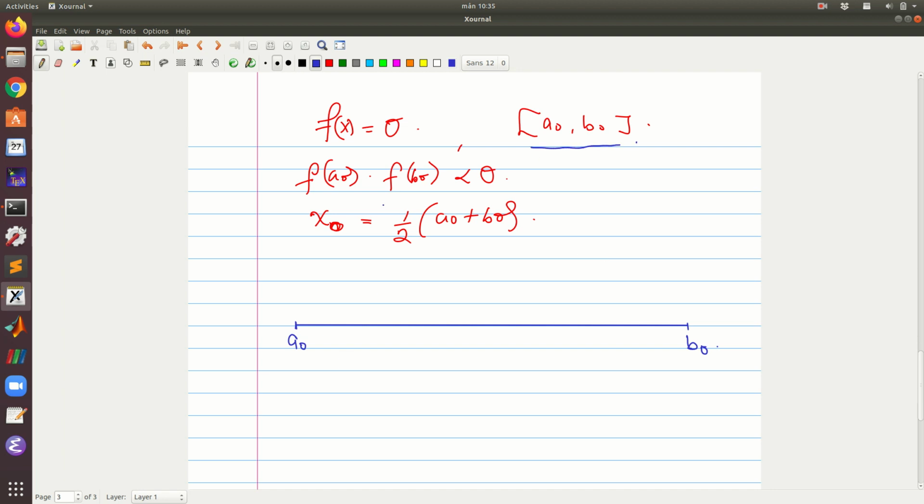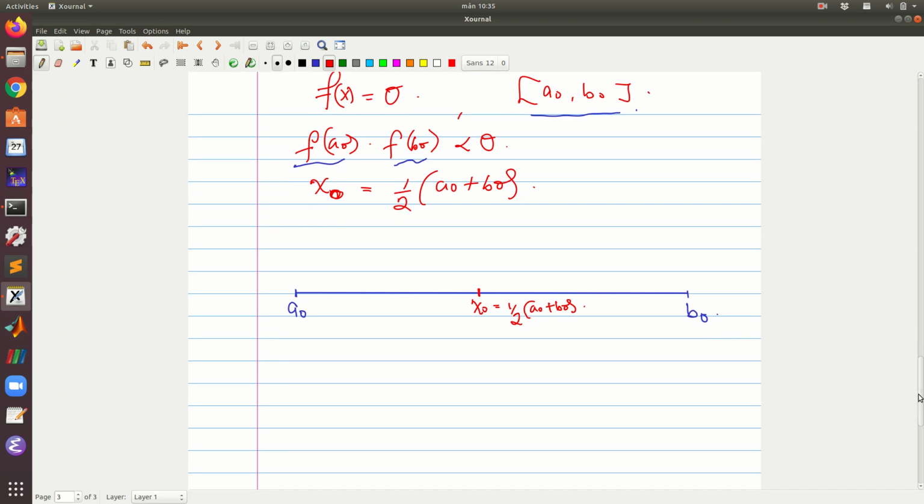So we computed f of a0 and f of b0, and we found that they have different signs. Then for the root x0, we simply compute 1/2 of a0 plus b0. That is the bisection.